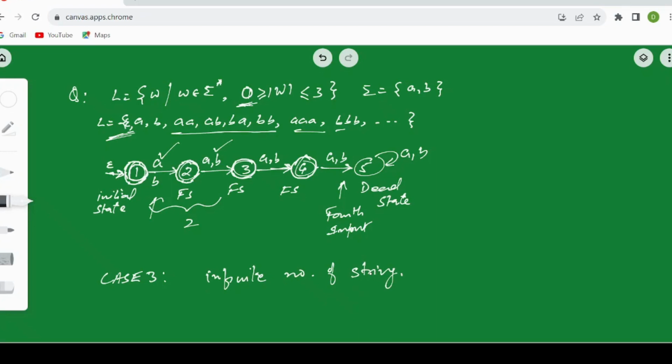In case 1, the language had a finite number of strings and all strings were of the same length. In case 2, which we have seen in this video, the language had a finite number of strings and all strings were of different lengths. And in case number 3, which we will cover in the next lecture, the language will have an infinite number of strings.